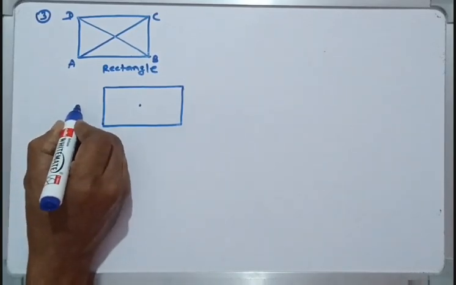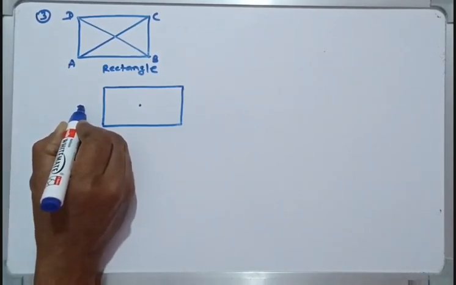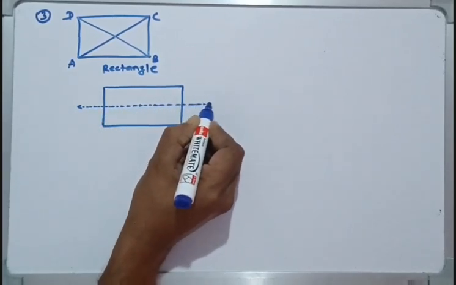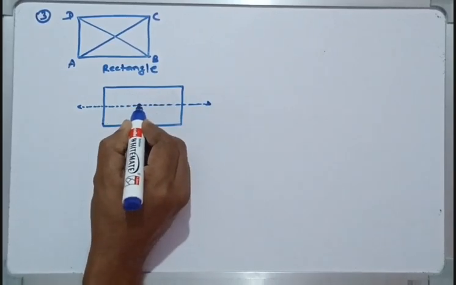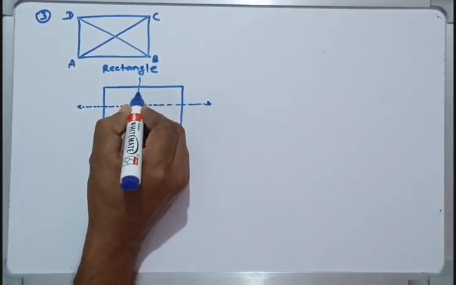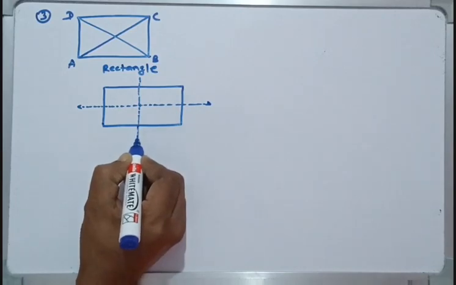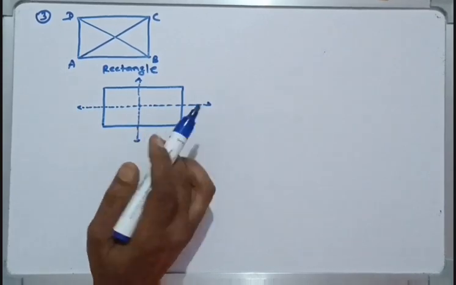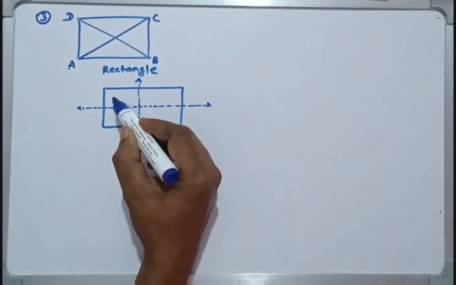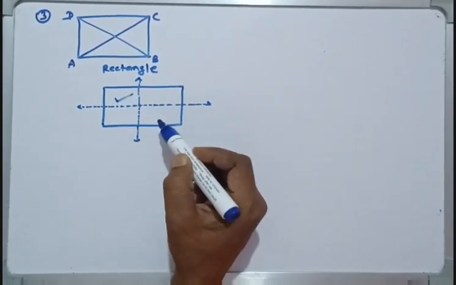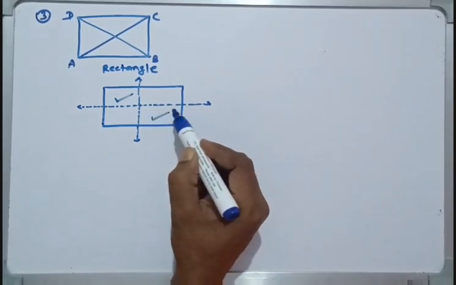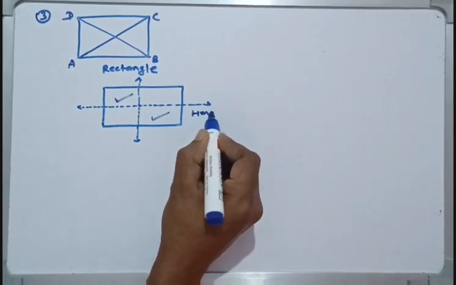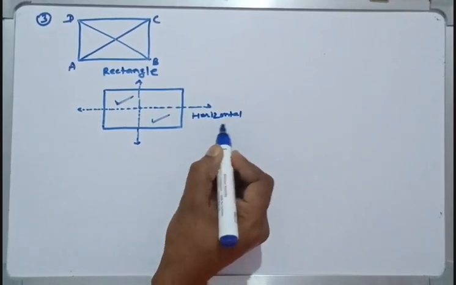And when we draw a horizontal line like this one and a vertical line like this one, what you see is this upper part and this lower part are symmetrical about this horizontal line.